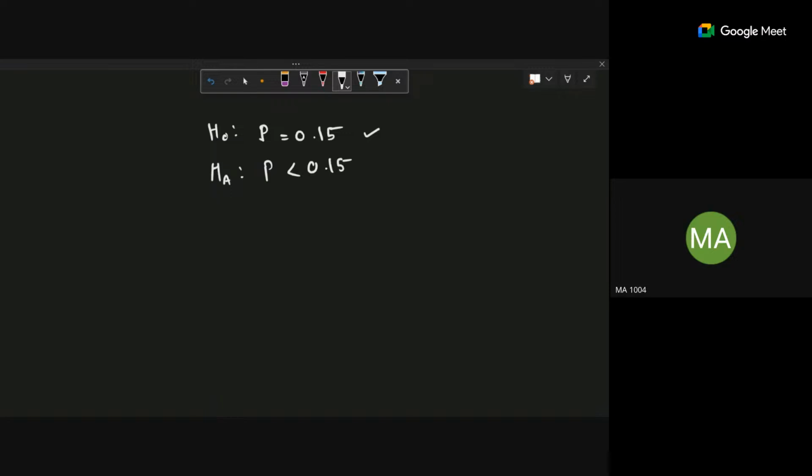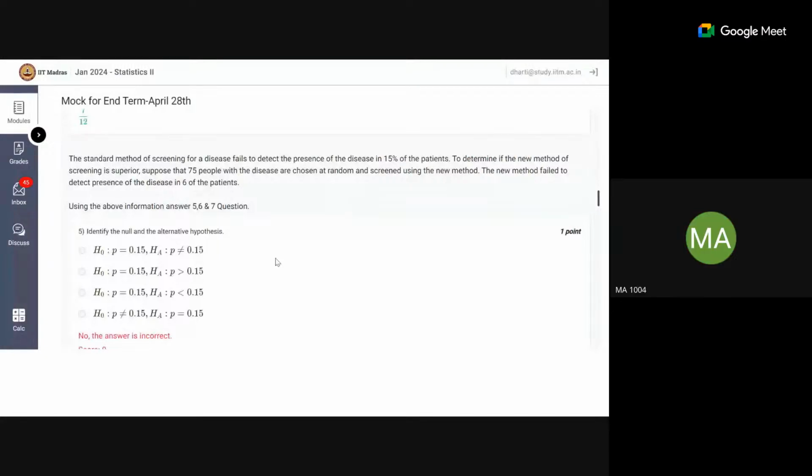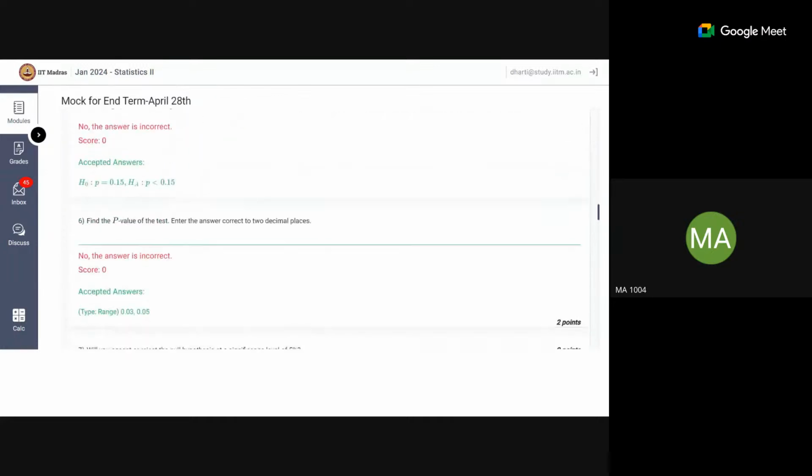That is actually less than 15%. Also, you can check from this line: if they are checking whether the new method is superior or not, then your probability has to be less than the original one, right? Yes, ma'am. So that's why we took H naught and alternative as less than 0.15.